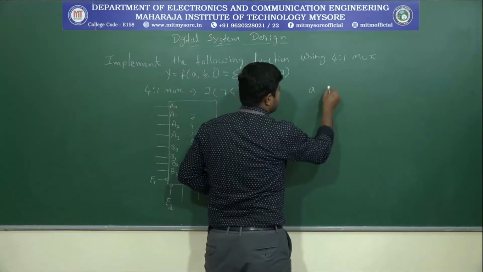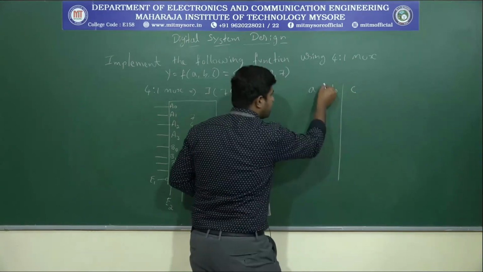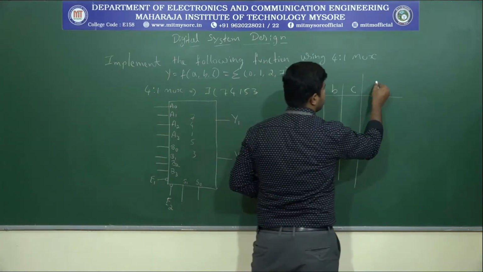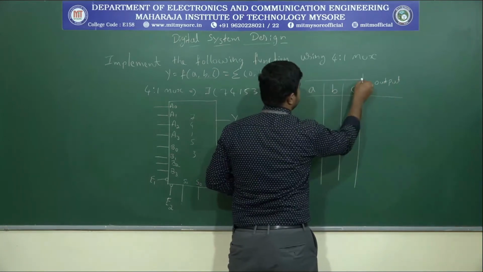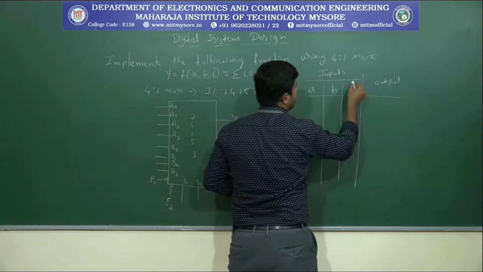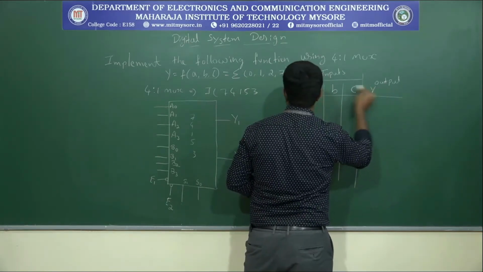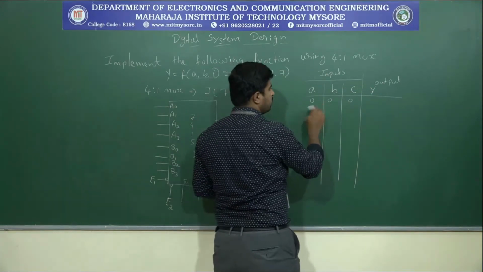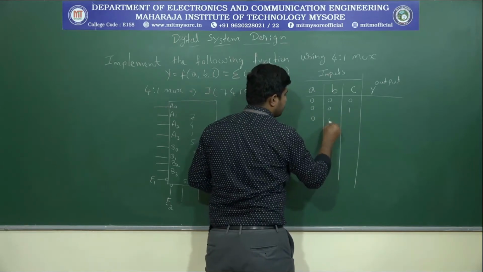Here the inputs are A, B and C, and the output corresponds to Y. According to this, what is the function? We have three inputs, so we are going to vary from 0 to 8.